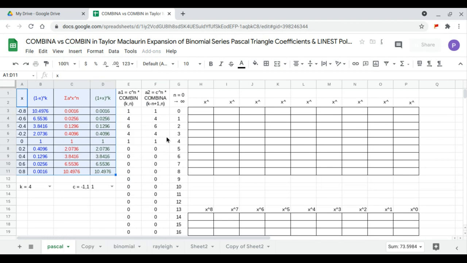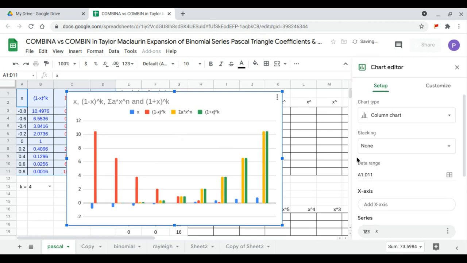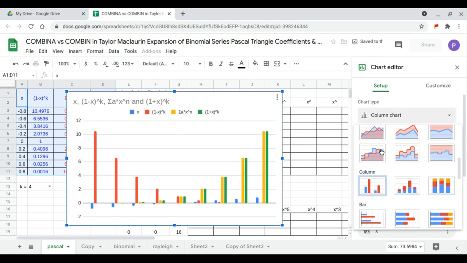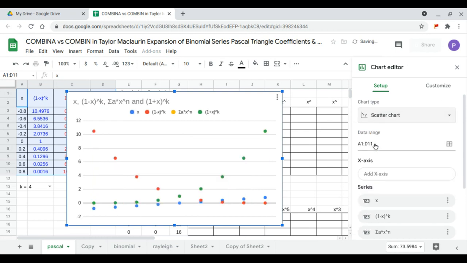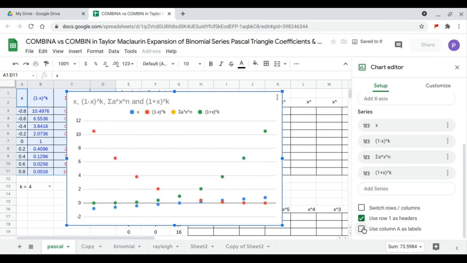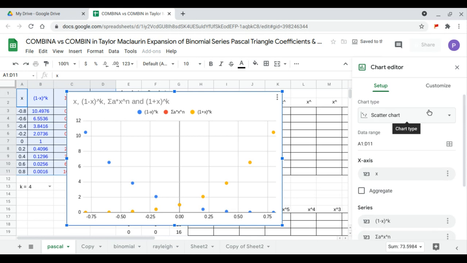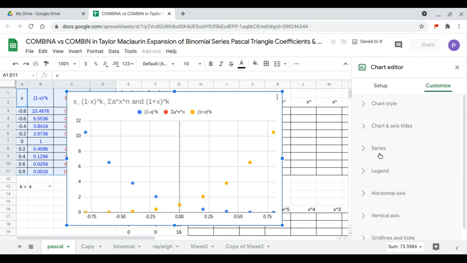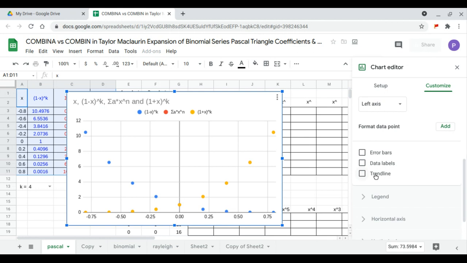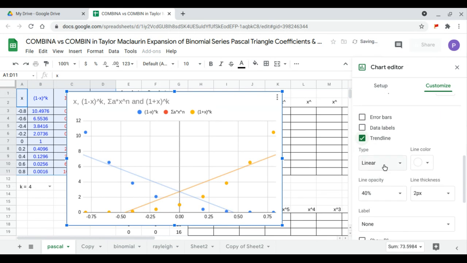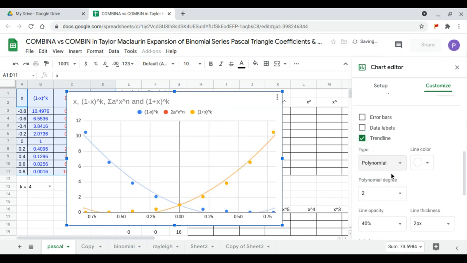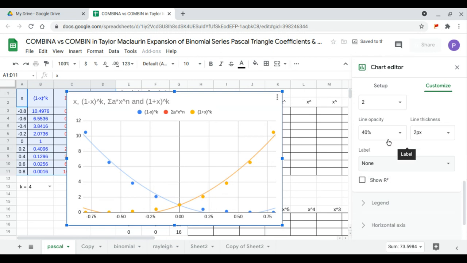And we'll use a scatter chart. And apply a trend line. Series, trend line, polynomial to the 8th degree.